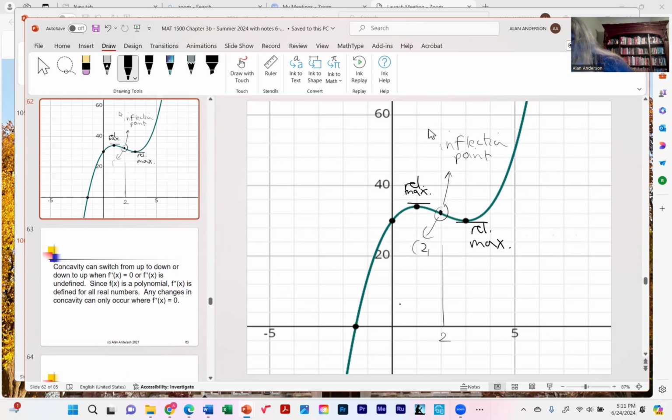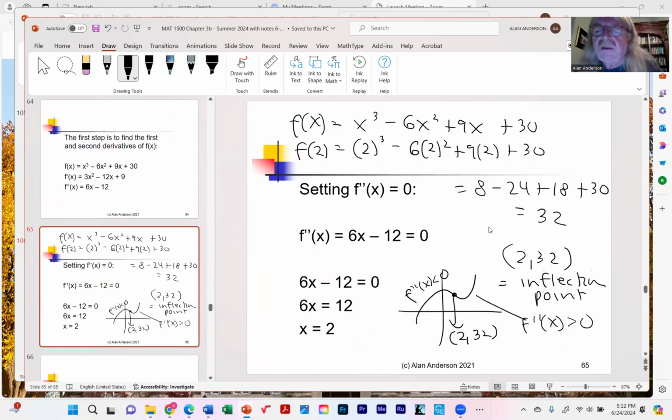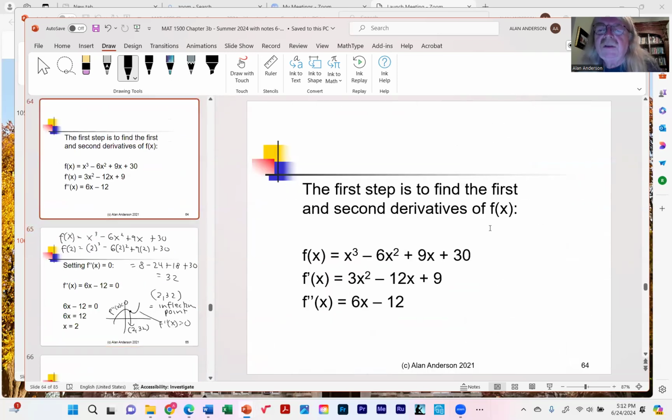And you can find the y coordinate by plugging 2 into the original function. It turned out to be 32.